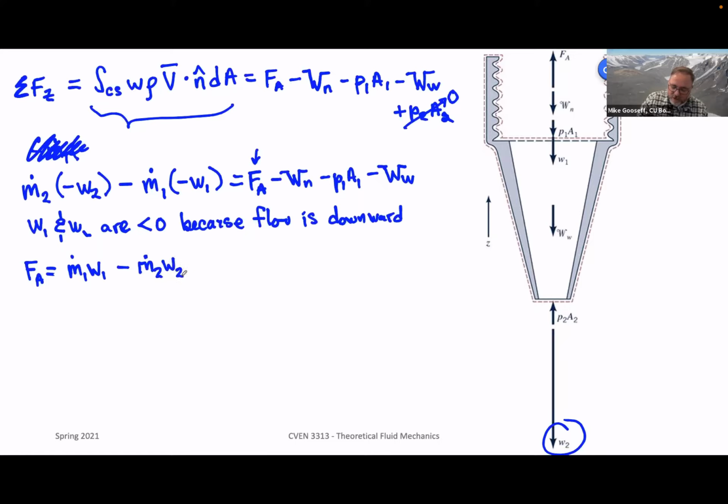So that is the momentum leaving at 2. And then we add the weight of the nozzle. So that's a force plus the pressure force at 1, P1 A1, plus the weight of the water inside the nozzle, minus, and then I still had the P2 A2, but that should be 0. So, all right, this should be weight of the nozzle, so that should be an N.